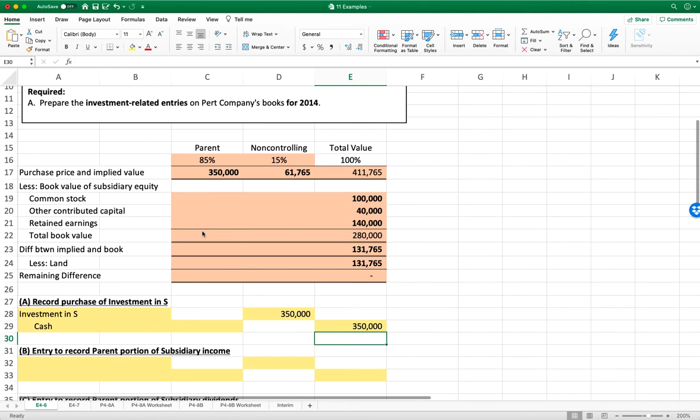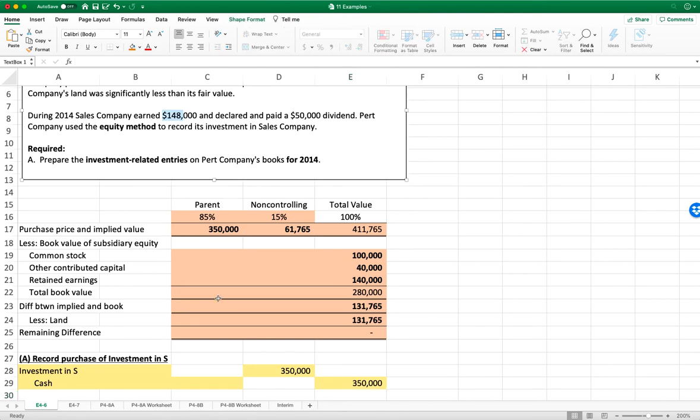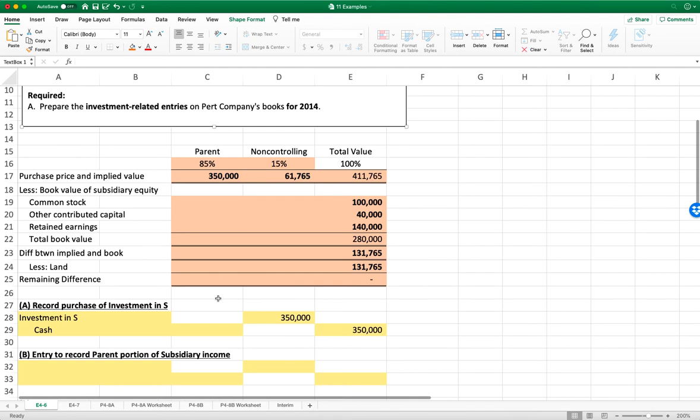Then, because it's the equity method, they don't tell us what entries we need to make. They're just saying, make whatever entries you need to make. Because it's the equity method, we also know that if our subsidiary reports income, we're going to need to increase our investment in S account. They told us that S company earned $148,000 of income. That means that our investment is worth more now.